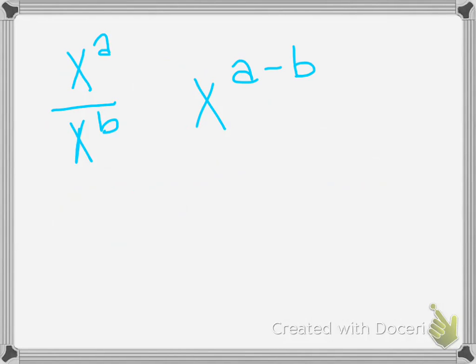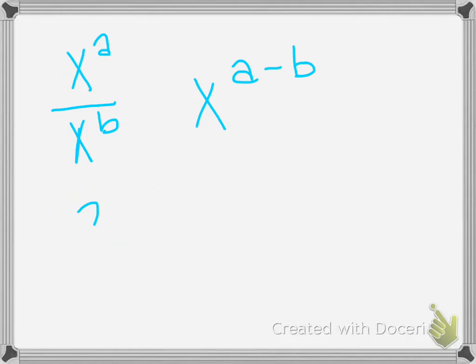Alright, the next property we have is the quotient property, which is when you have x to the power of a over x to the power of b. So the way to simplify this is x to the power of a minus b.